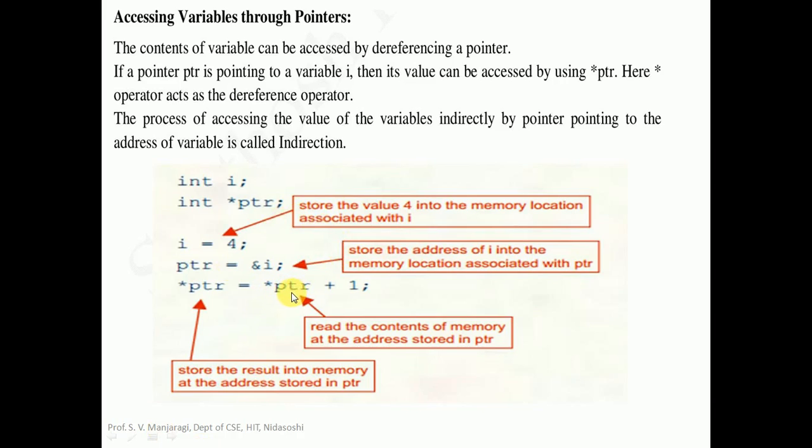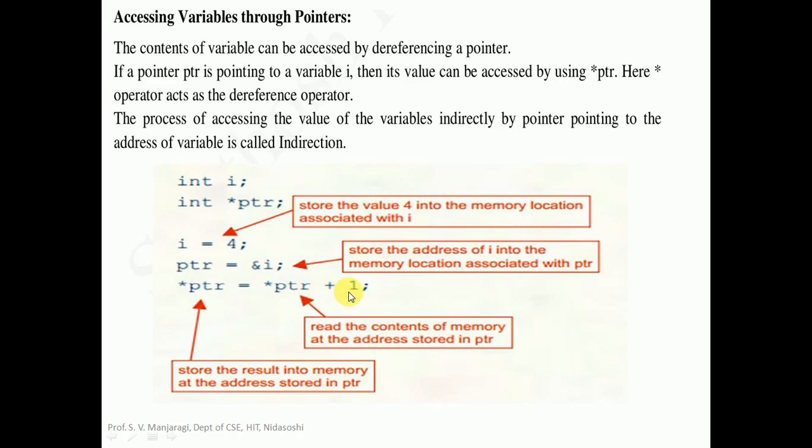It means the value of I will be extracted from star ptr. The value of I stored in the memory location at the address pointed to by the pointer ptr will be 4 here. So star ptr is giving us the value of variable I which is stored in the memory location, that is 4.